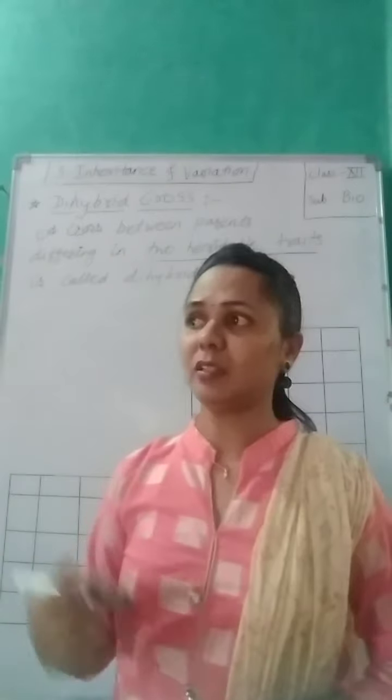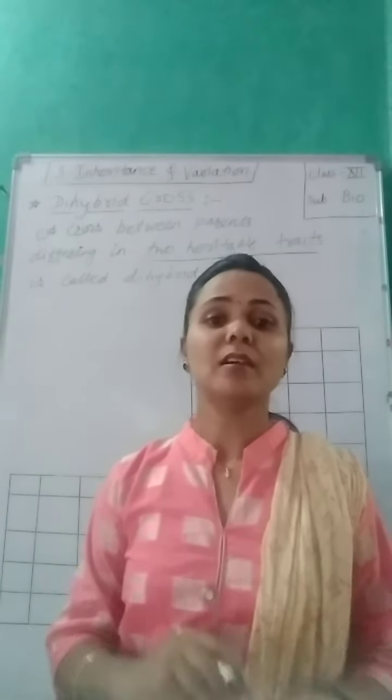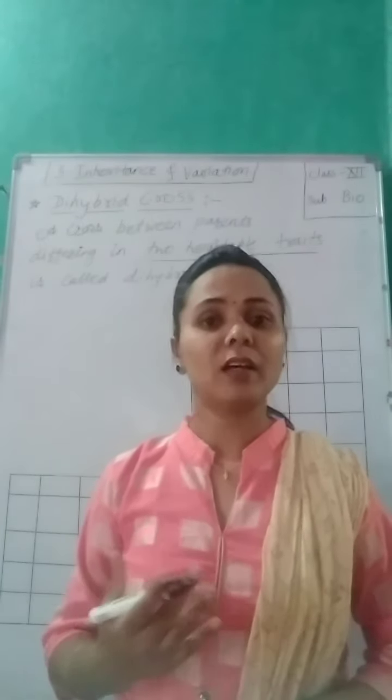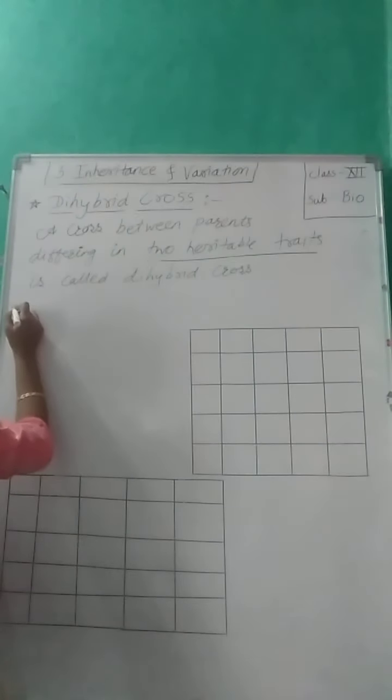In this we will take one example, that is height of the plant and color of the flower. So suppose parents, parents is denoted by capital P. Okay, so parental generation is having the dominant character. One is dominant, another one is recessive.